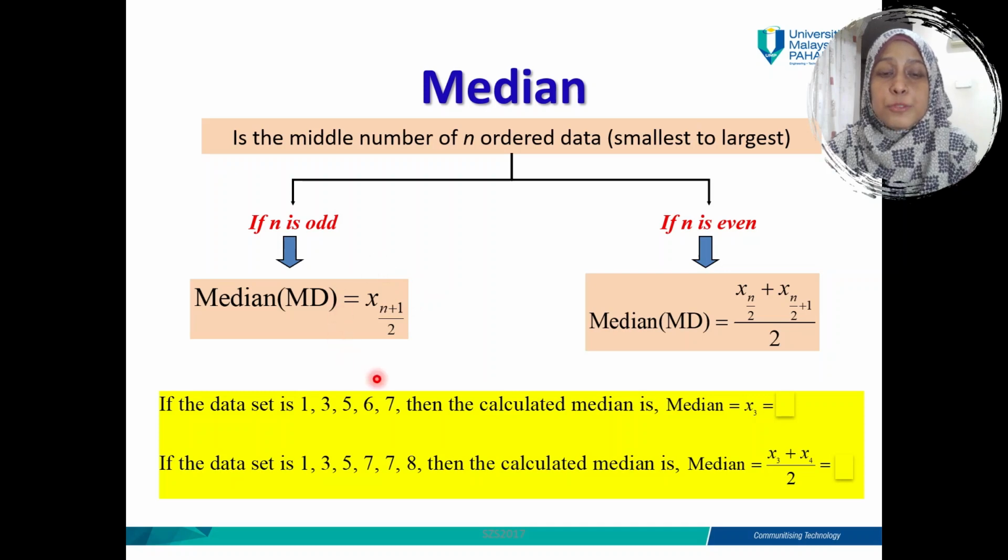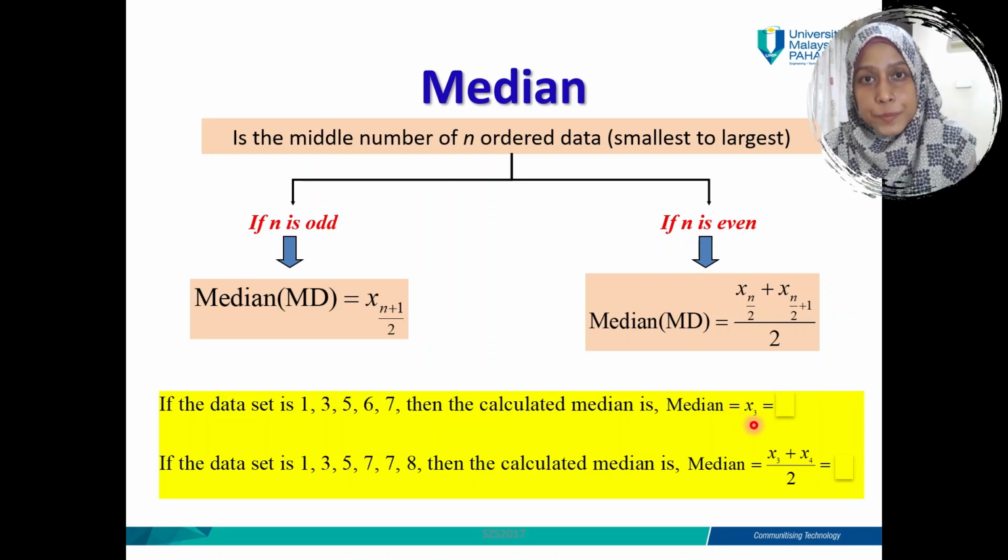So this is how you find median: x of (n plus 1) divided by 2. So 5 plus 1 divided by 2 is 3, x3. What does x3 mean, class? X3 means the third data, the third entry.